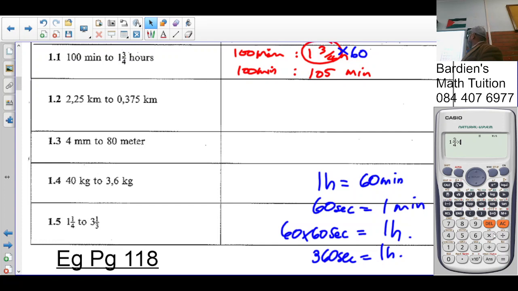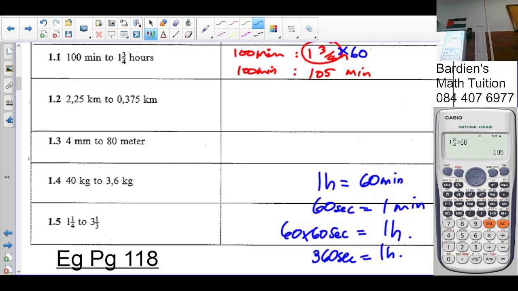You must multiply that by 60. So it's going to give you 105. Okay, you all understand? So now what do we do? What number goes into 100 and into 105 without remainder? 5. Not so?